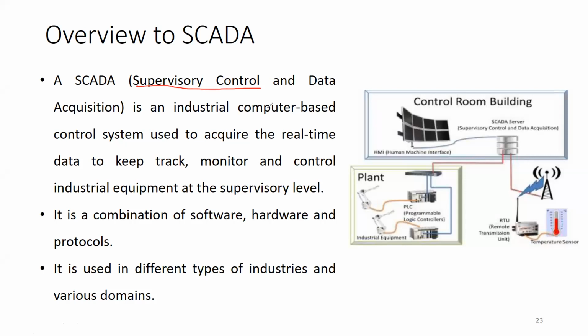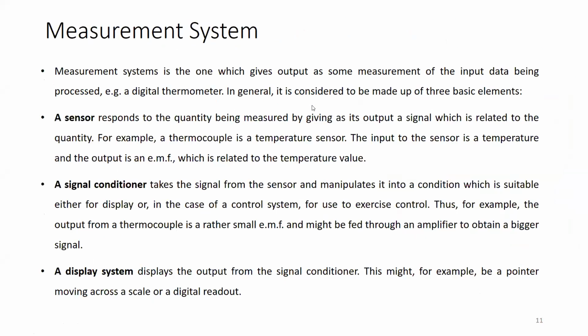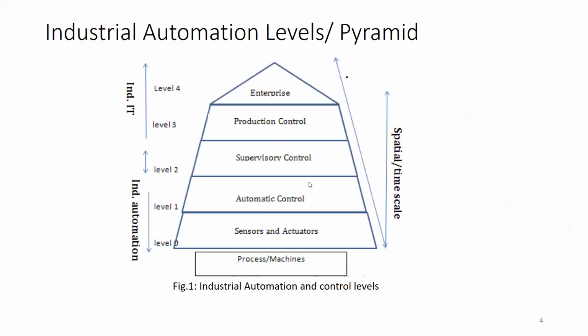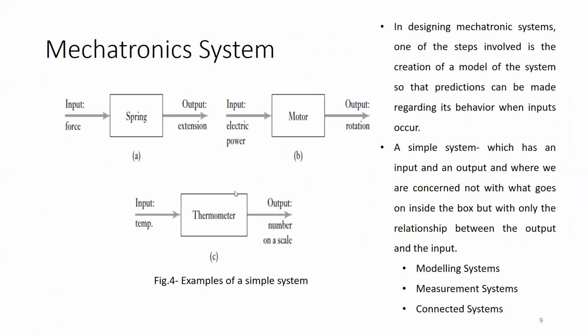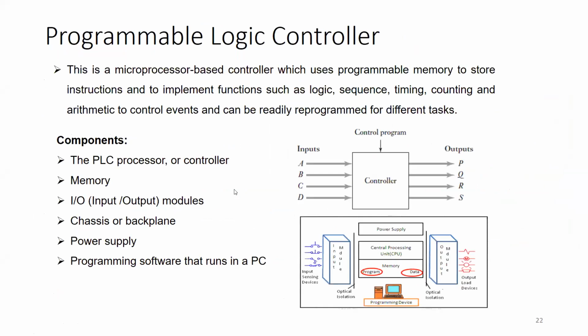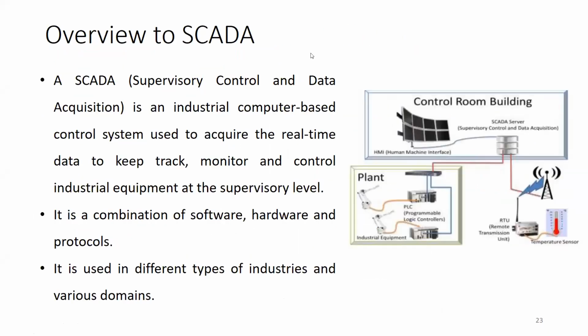So the first level is sensor and transducer, and the second level constitutes your automatic control system. This automatic control system is further controlled by a supervisory control. So it is a level up, the supervisory control. Now, how does the supervisory control work? There is one very popular and important system used in industries, that is SCADA, supervisory control and data acquisition.